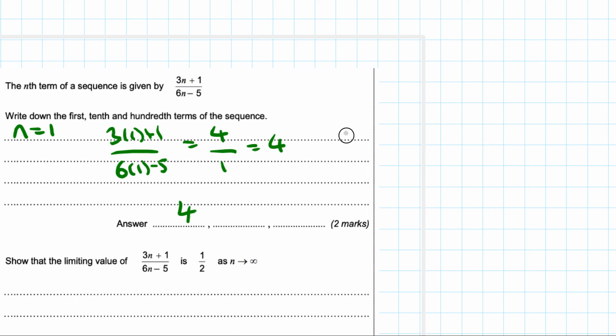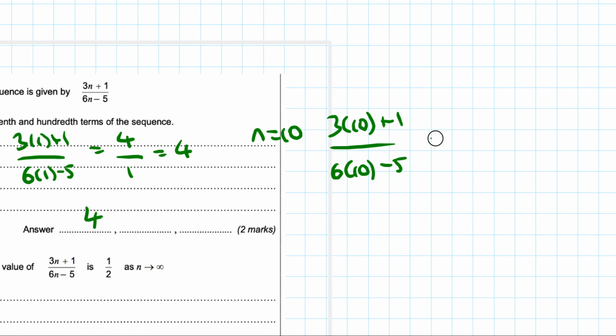Then we plug in our 10th term, so n equals 10. So 3 times 10 plus 1 divided by 6 times 10 minus 5. So this one is 3 times 10 is 30, so it's going to be 31. 6 times 10 is 60, minus 5 is 35. So we can't simplify this one, so we're just going to write 31 over 35.